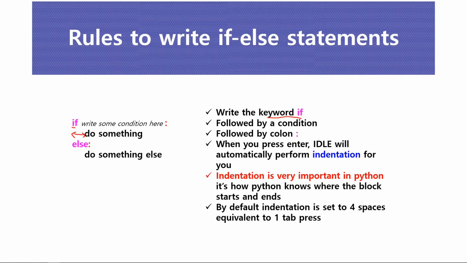Now, the reason why this indentation is so important for Python is that's the only way Python knows where the block starts and where it ends. For example, if I had 5 lines here, maybe do something one, do something two, do something three, all those lines would have to be parallel on this line.